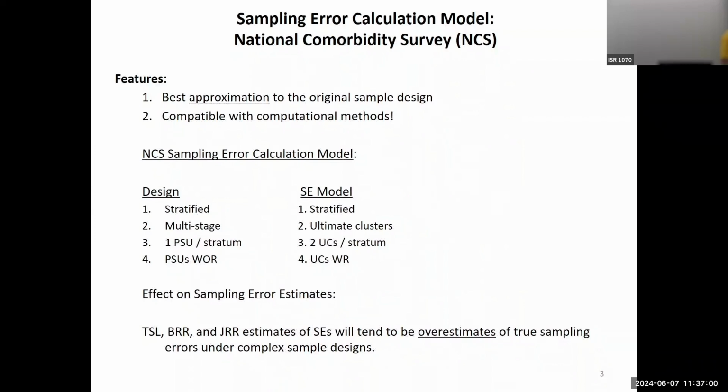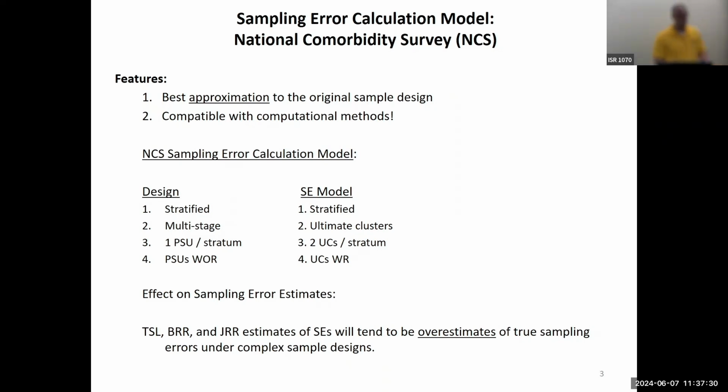We need at least two clusters from a given stratum to estimate variance. And we assume that those ultimate clusters were sampled with replacement as opposed to without, which allows us to avoid those joint selection probabilities. So these are all approximations. This information does not immediately reflect the original sample design, but it comes very close and it enables data users to estimate variance. That's the idea of the sampling error calculation model.